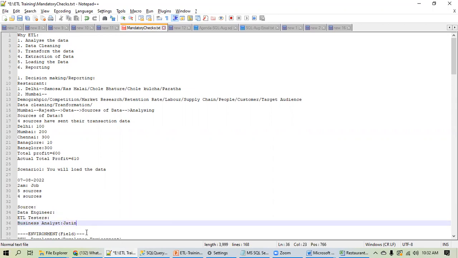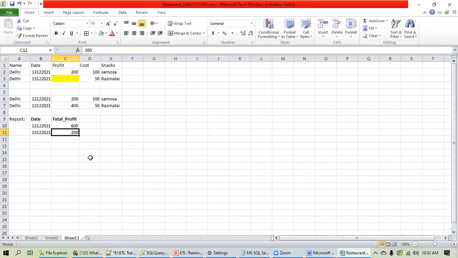They will ask Jatin, what is the reason that the profit has decreased from 600 to 200? You see, the business stakeholders are not telling you that you have done long calculations. They don't know anything. They're believing that this number is correct. So now they will ask Jatin, what is the reason that the profit has decreased? So please do the analysis.